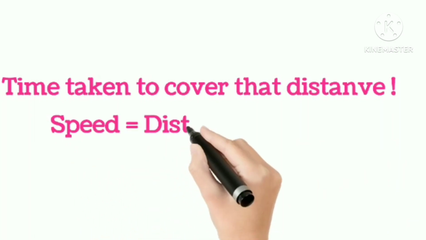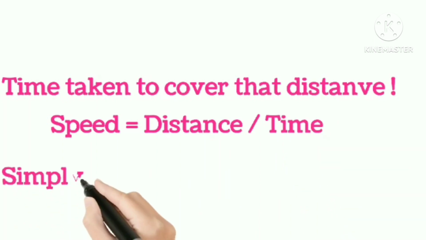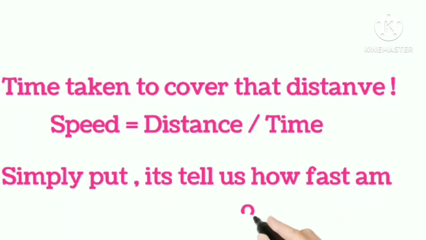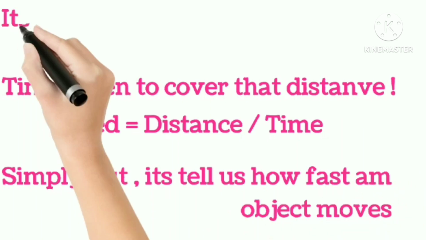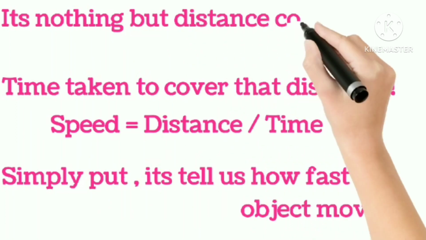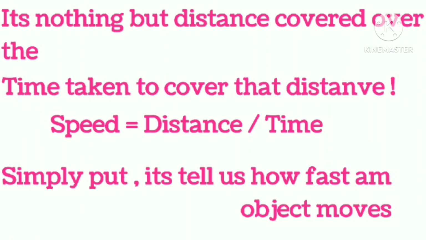Speed is equal to distance by time. Simply put, it tells us how fast an object moves. It's nothing but distance covered over the time.